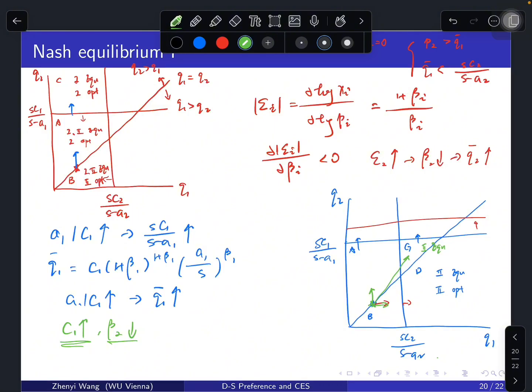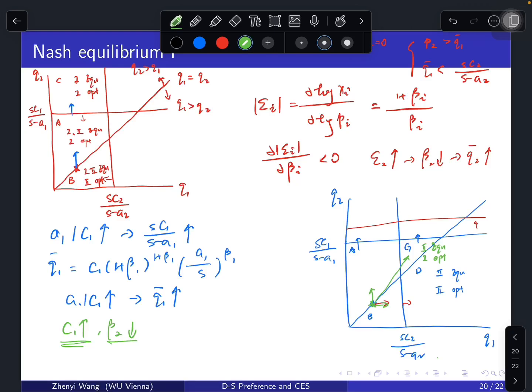So producing X1 is not satisfying the Nash equilibrium condition. However, in the region G, Q1 is smaller than Q2. So actually, producing Q1 is the optimal choice for the society.